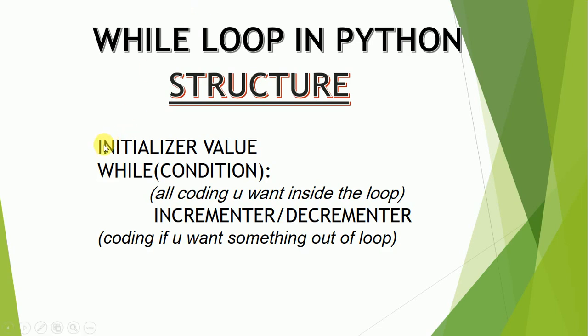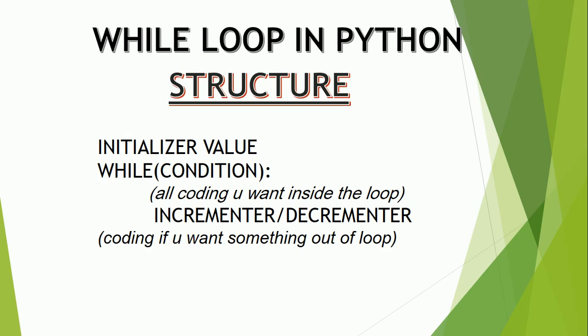Here you can see the first step in the while loop is the initialization of a value. It means if I take a variable in while, then I have to set some initial value for it, then write while in the syntax, and then in parentheses or without parentheses you give the condition you want to put in the while loop.